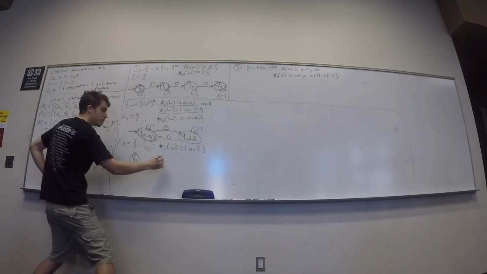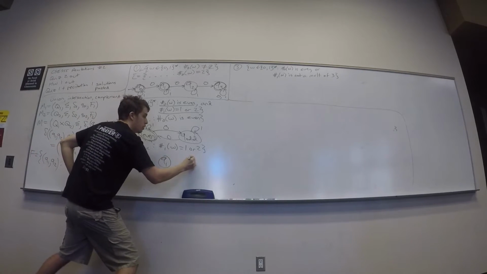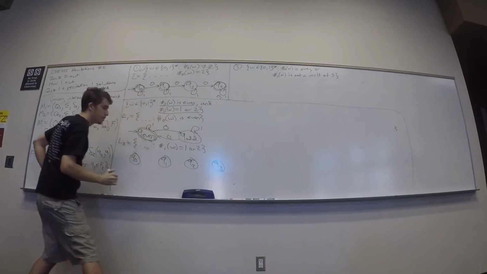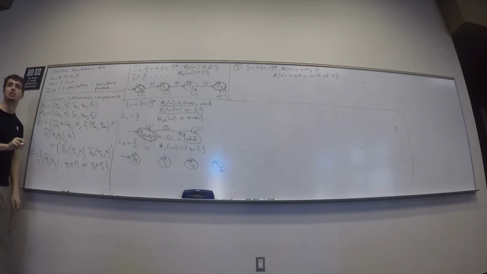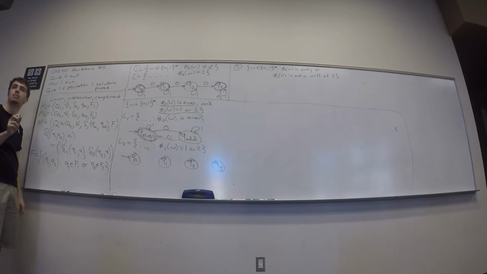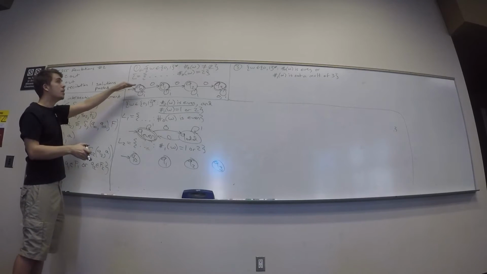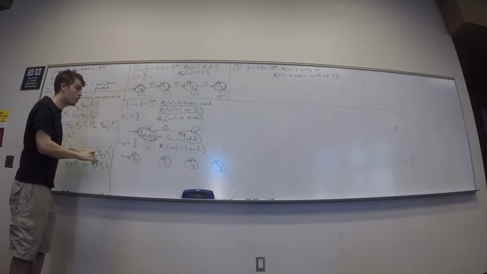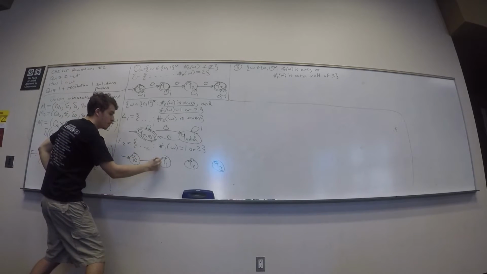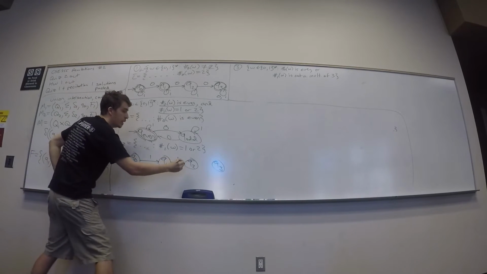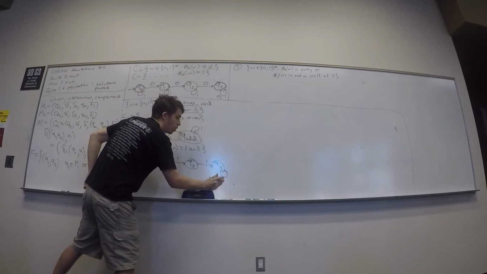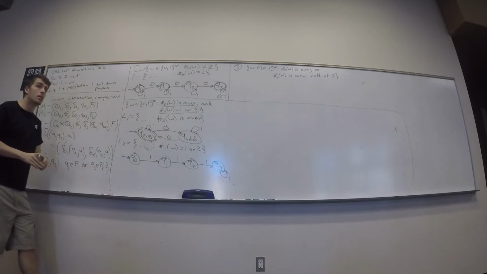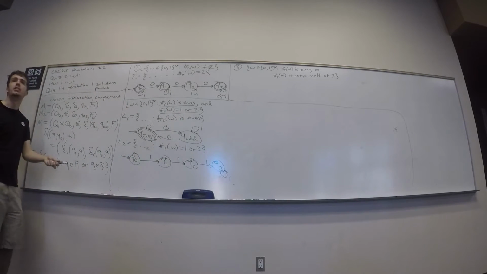So Q0, Q1, Q2, Q3. Start state again. Where are the 1 transitions going to go? Are they going to be the self-loops or the ones that go across? Across. They're going to go across, because up here they are doing the role of 0, since I want to check the number of ones here. So 1 here, 1 here, 1 here, and this one's also going to self-loop on 1. All right. What are the 0 transitions going to do?